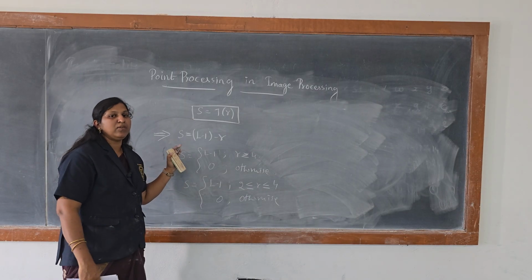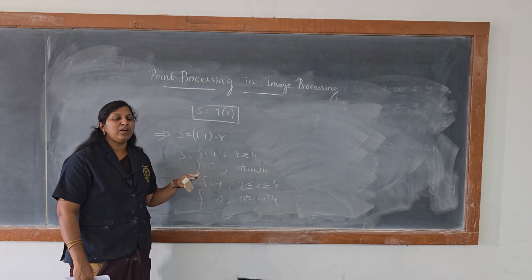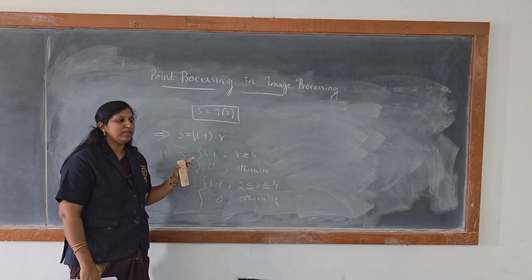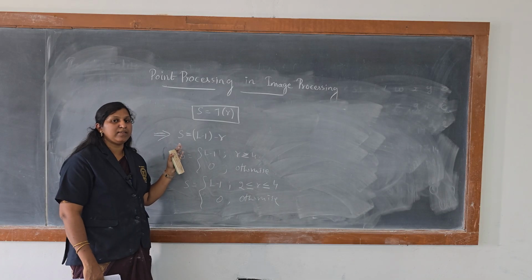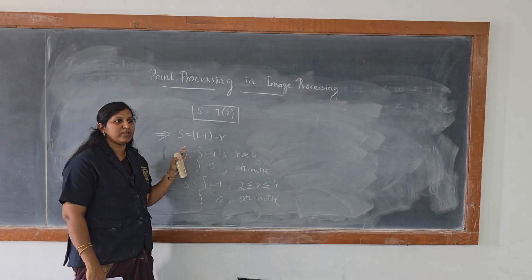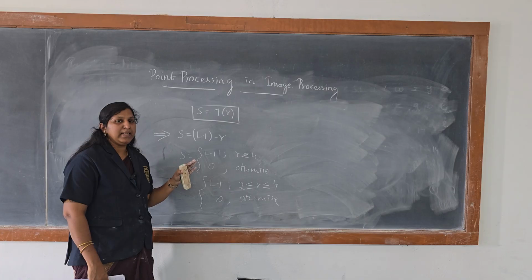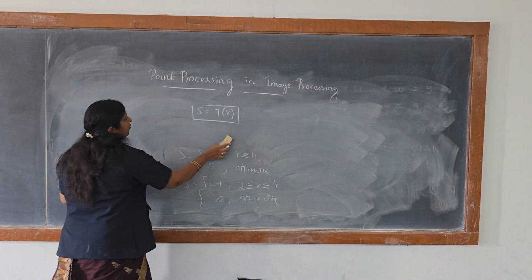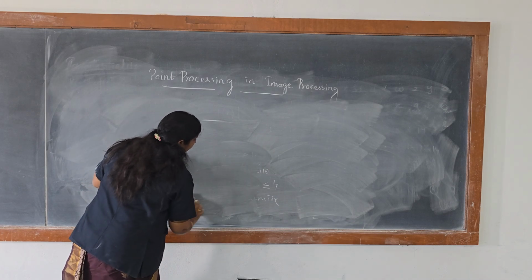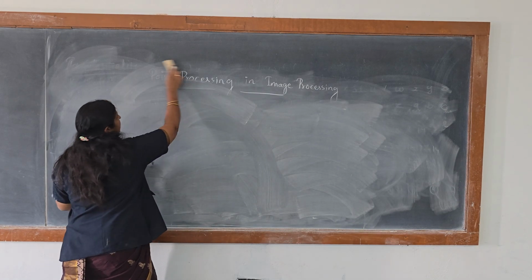In that method, we convert the digital form into binary form. First we calculate the number of bits used in the image, and based on that, we can get the number of binary images. Now we can move on to image enhancement techniques.